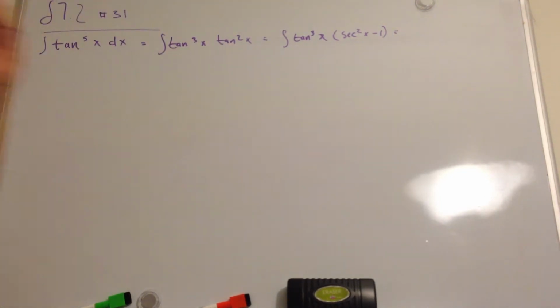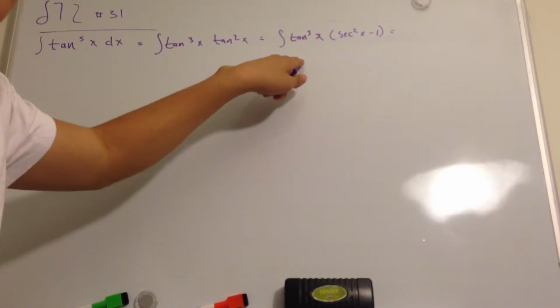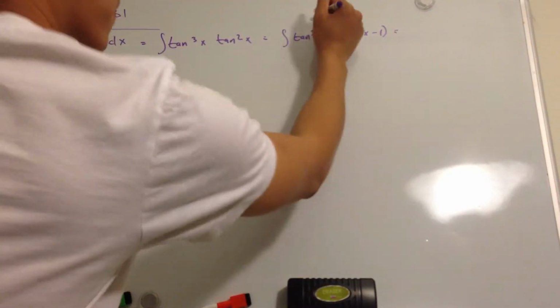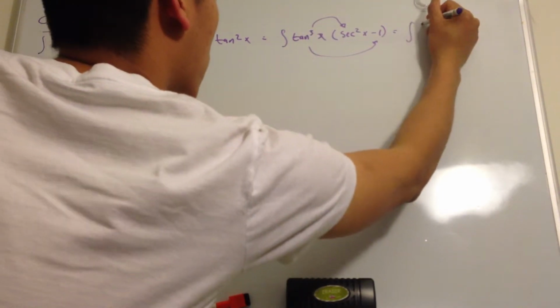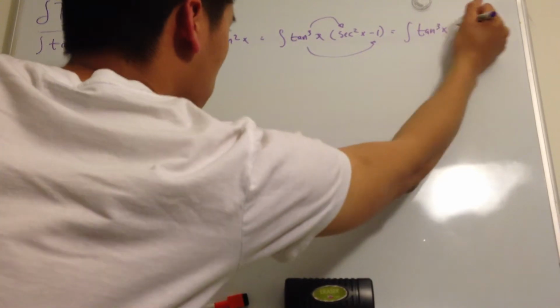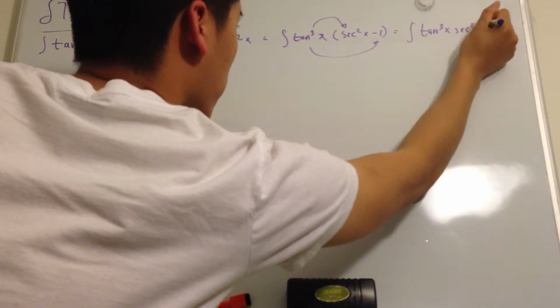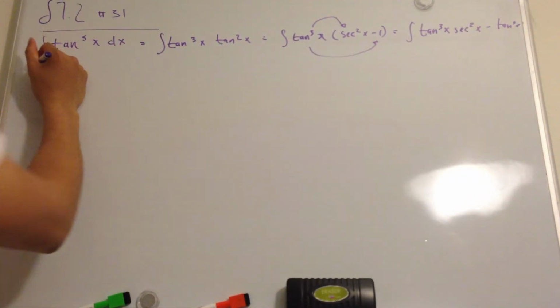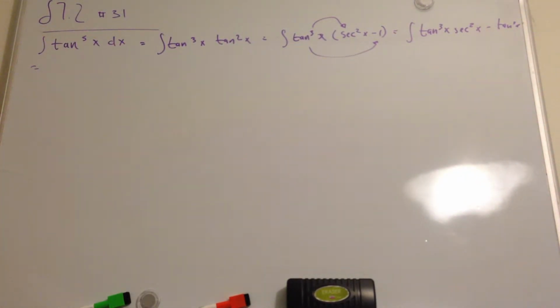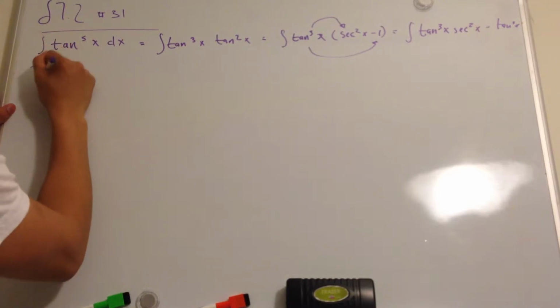And let's multiply the tangent cubed x in. Split up the integral.